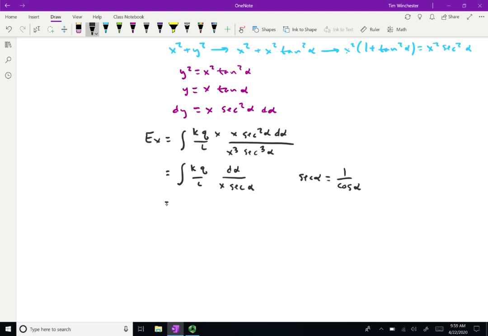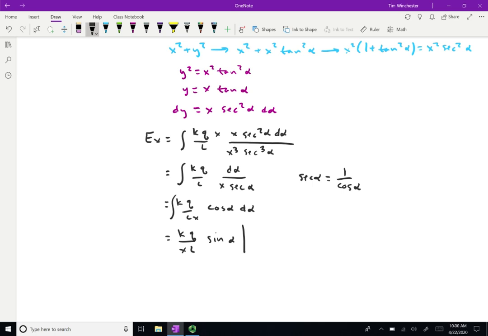So this is actually just kq over L, x on the bottom, times cosine alpha d alpha. Okay, so that's what we're integrating. The integral of cosine is just sine. kq over xL sine alpha, which we have to evaluate.